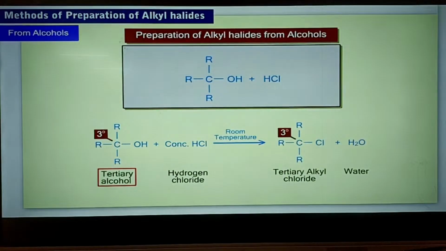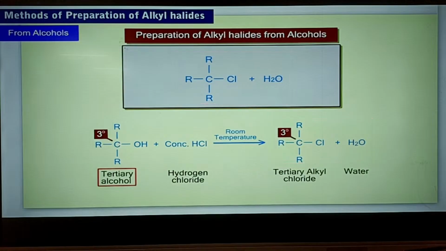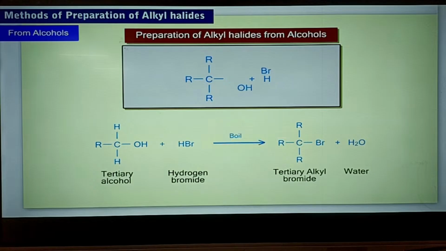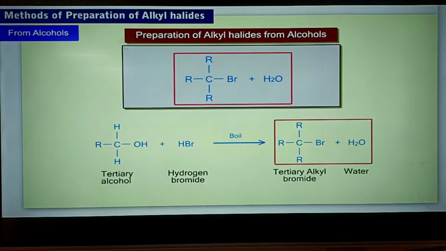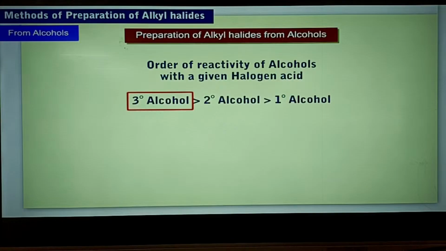Since tertiary alcohols are more reactive, no catalyst is needed. Tertiary alcohols react with concentrated hydrogen chloride within minutes at room temperature. To prepare alkyl bromides, boiling with hydrogen bromide is necessary. In general, with a given haloacid, tertiary alcohols are more reactive than secondary alcohols.